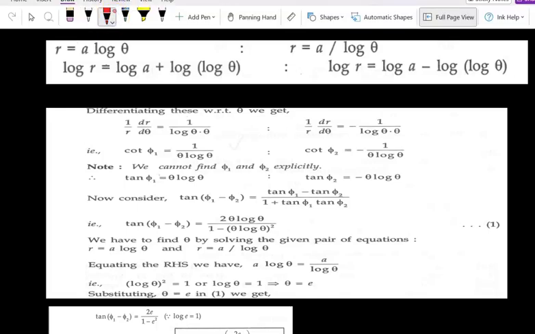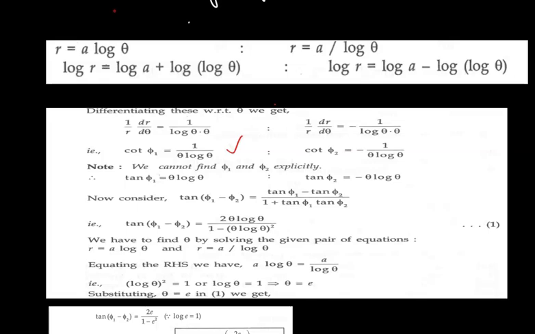For example, if you see this problem, you can pause this and try to solve it on your own. The procedure is the same. When you see here, we got cot phi 1, and cot phi 2 again, the left hand side is cot and the right hand side you cannot make a proper cot.